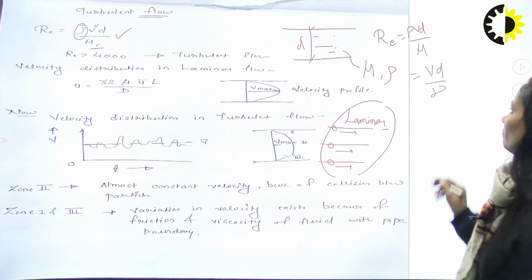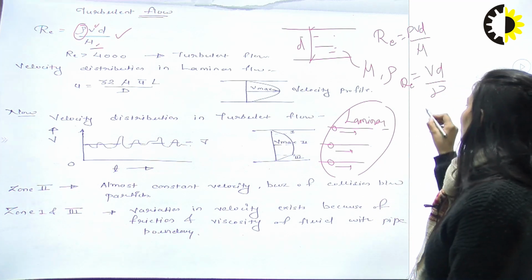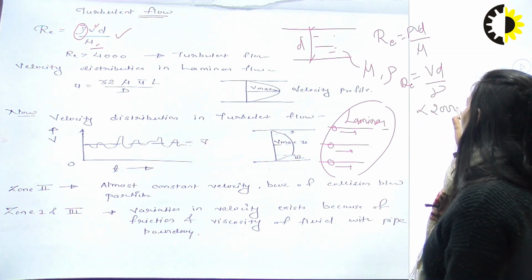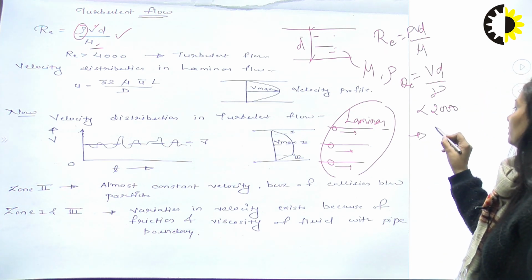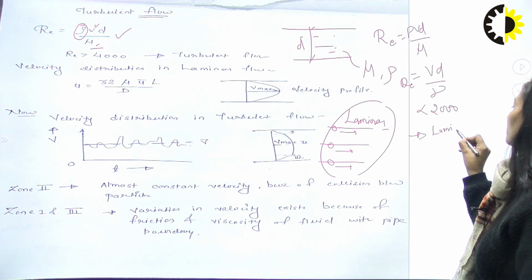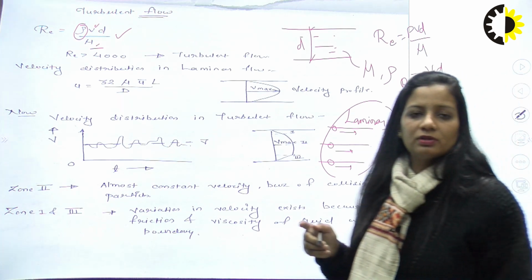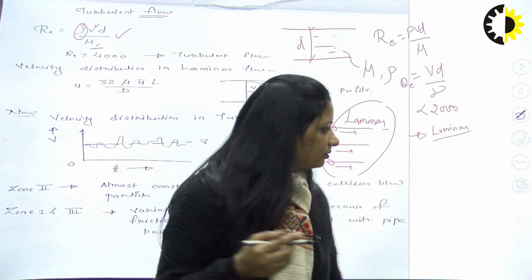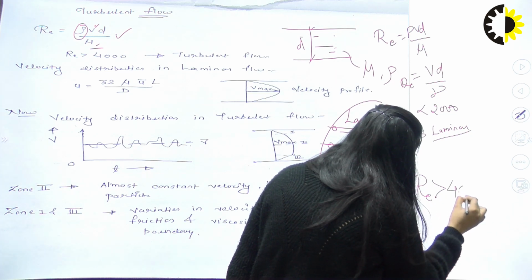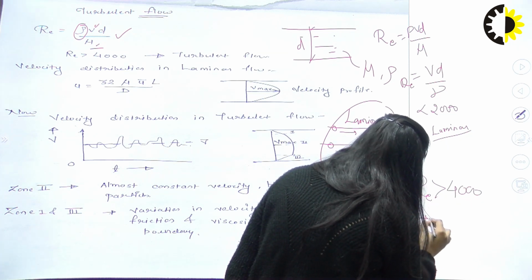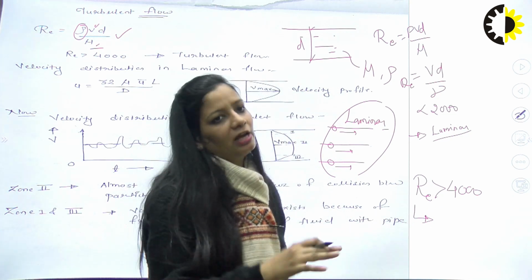When this number for any flow is less than 2000, we say that the flow is laminar. When the Reynolds number becomes higher than 4000, we say the flow has converted completely from laminar to turbulent.